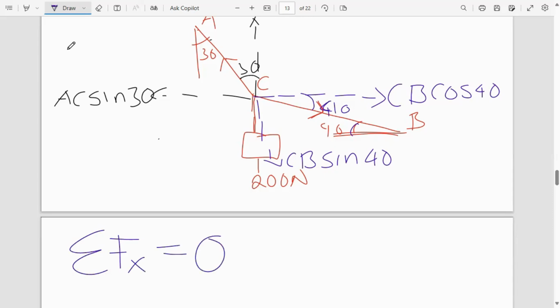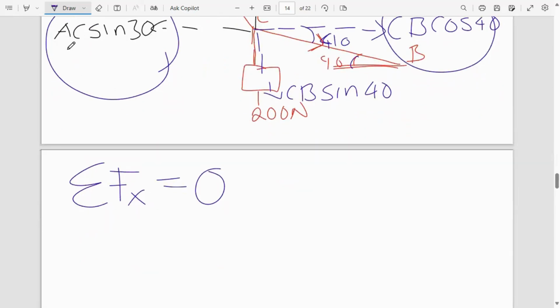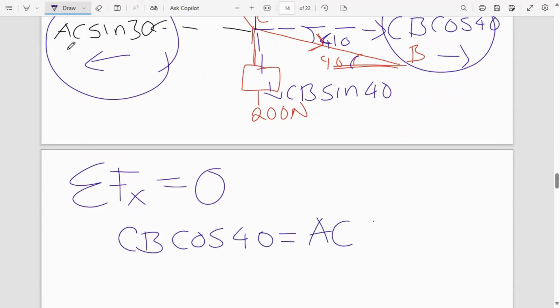What forces are in the x? It is this one here and this one here. This one is in the negative direction, that one in the positive direction. So I'll say CB cos 40 is equal to AC sin 30. Those are the forces in the x-axis.